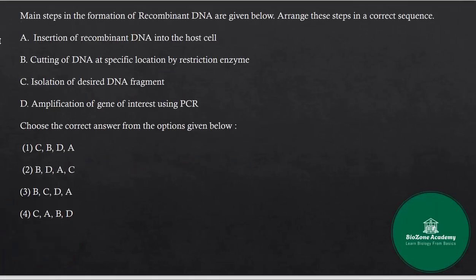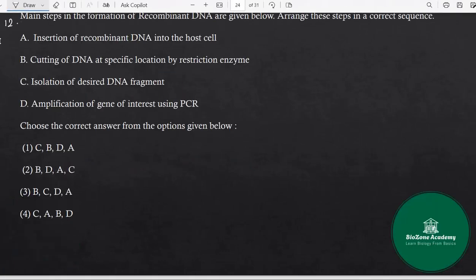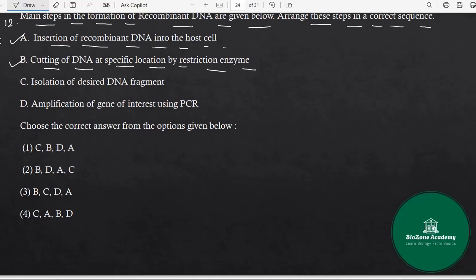Next question. Main steps in the formation of recombinant DNA are given below. Arrange these steps in the correct sequence. A: insertion of recombinant DNA into the host cell. B: cutting of DNA at the specific location by the restriction enzyme. C: isolation of the desired DNA fragment.